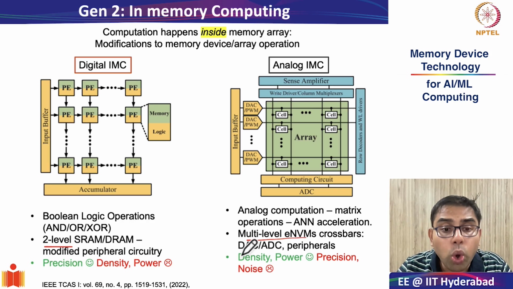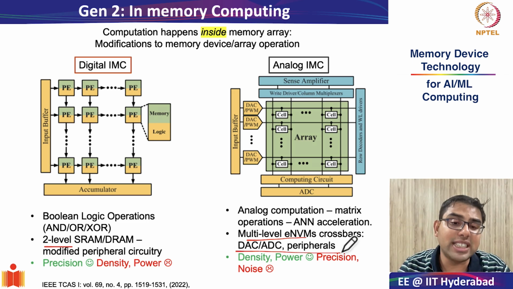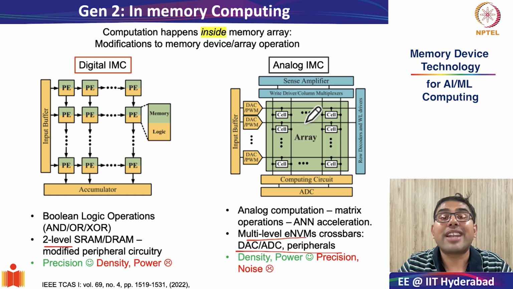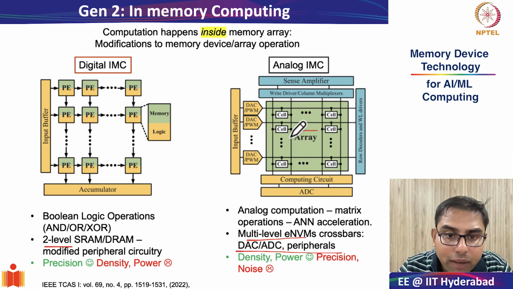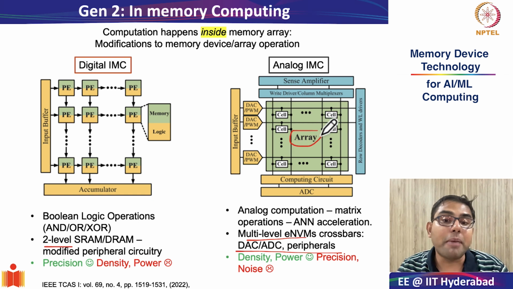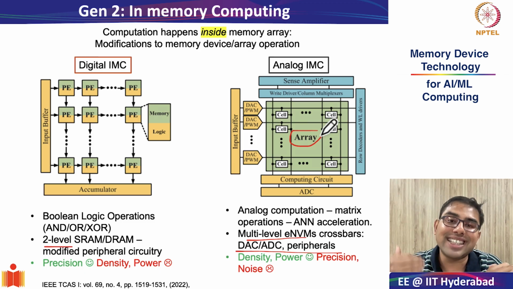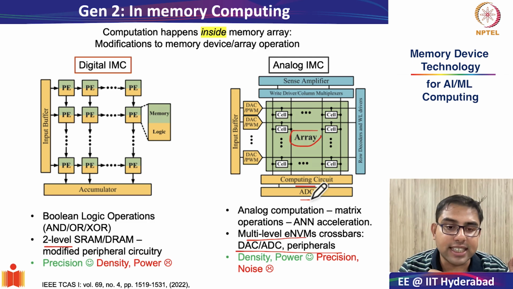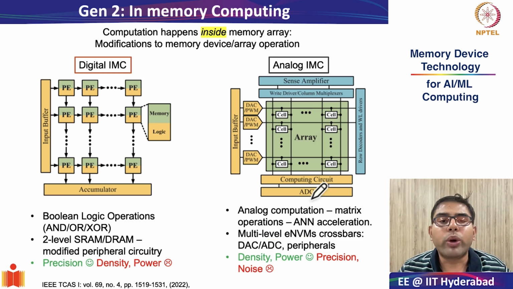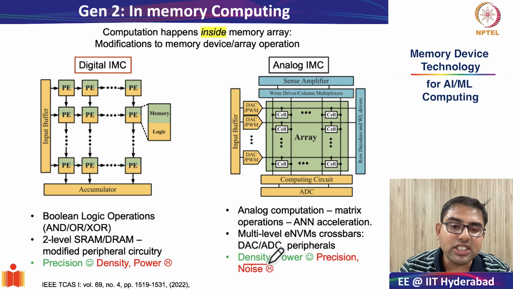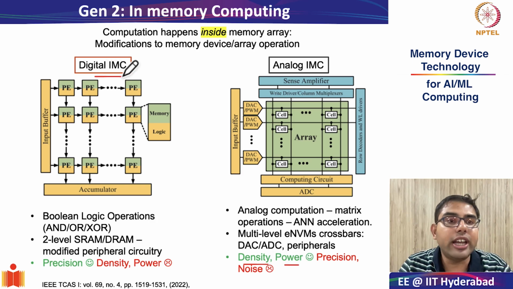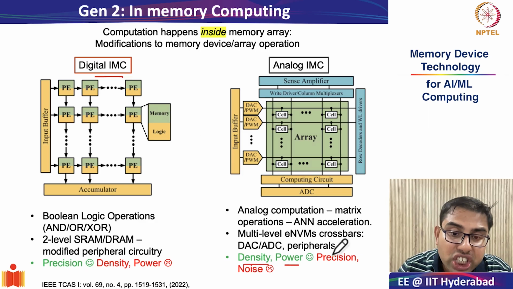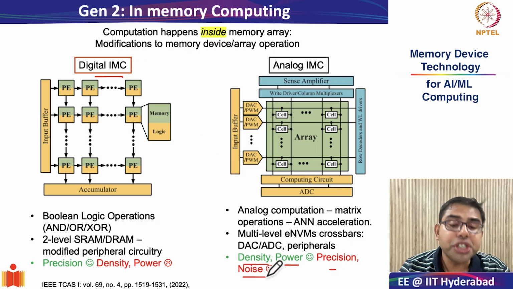But of course, you have to do a great deal of optimization in converting the digital data into analog form, where the computation can be done by the array, which consists of these eNVM crossbars, and then converting this data, which is in analog form, back to digital for further processing. As you can understand, you can have large improvements in density and power as compared to digital in-memory computing. However, you will be heavily limited by your precision and noise resilience capabilities.